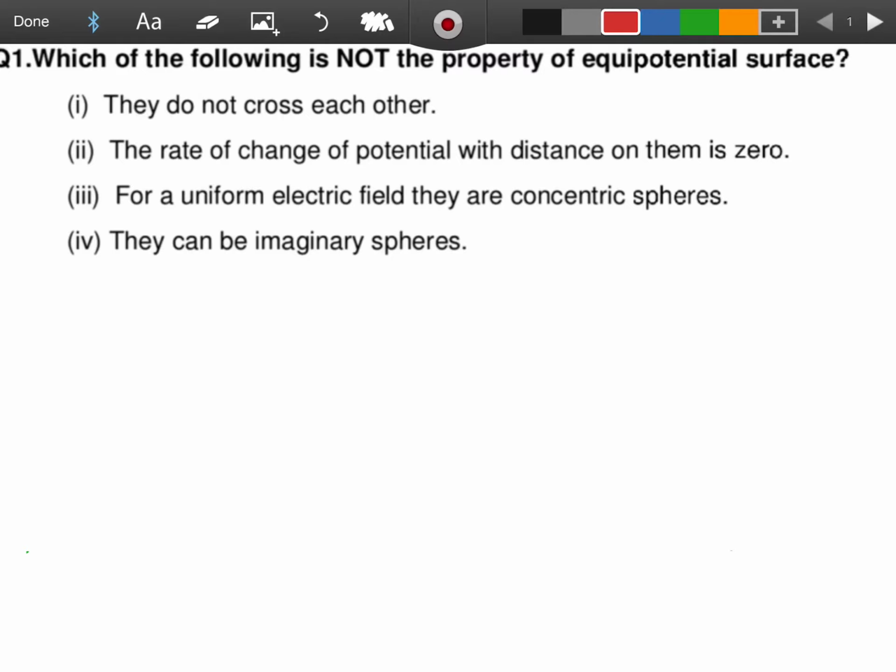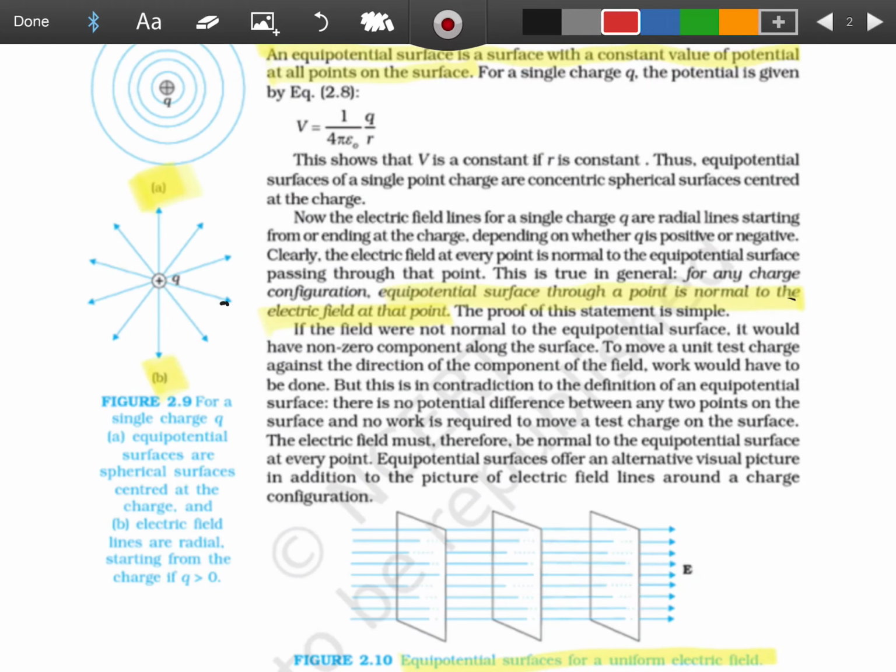Let us discuss each one, and let me quickly show you that this is from electric potential and capacitance in class 12th physics NCERT. In that I have noted a few points. An equipotential surface is a surface with a constant value of potential at all points. So on an equipotential surface, we will have a constant potential everywhere.